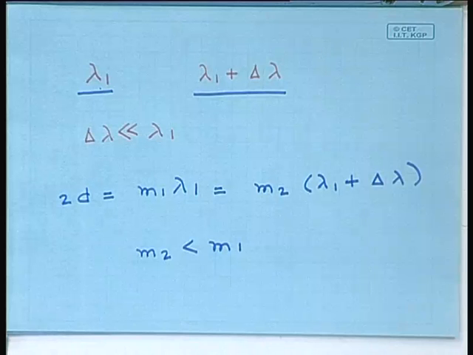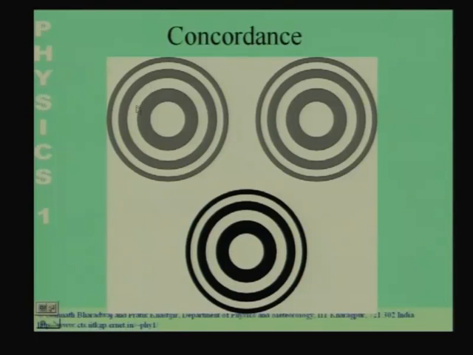If the fringe patterns of both the wavelengths coincide, this situation is referred to as concordance. The picture over here shows a situation where the two fringe patterns are in concordance, but this is not the situation that we had discussed.